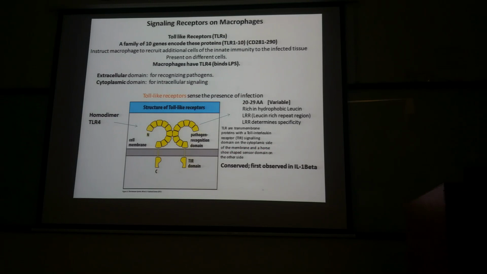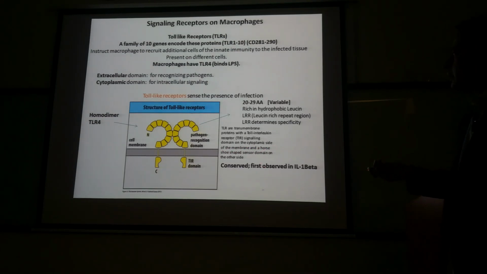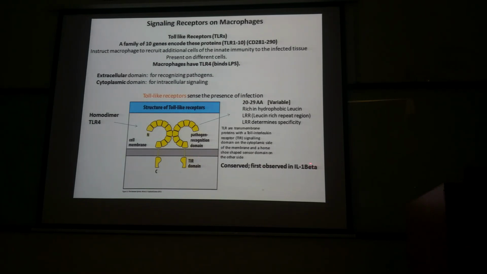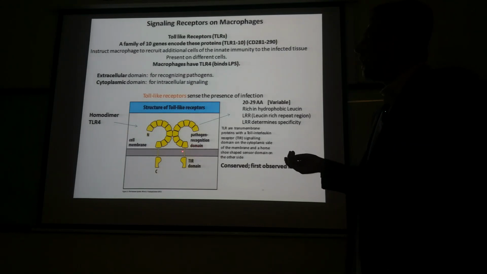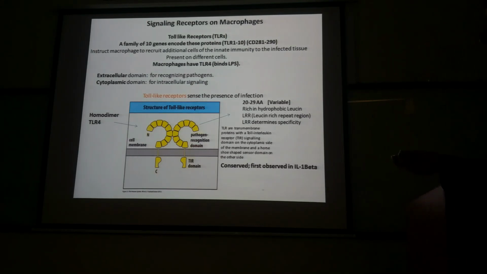It is on the cytoplasmic side of the membrane, and this is named so because of this observation. This is a conserved domain as compared to the outer domain. The outer domain is variable, and it should be variable because there are different types of pathogens to be recognized by the Toll-like receptors on the surface of the macrophage.